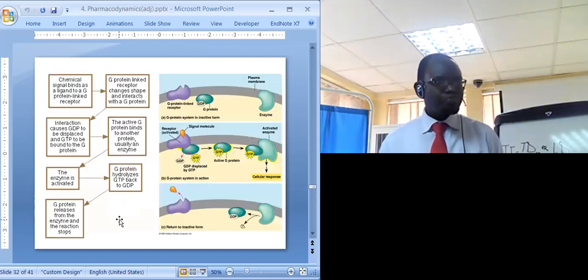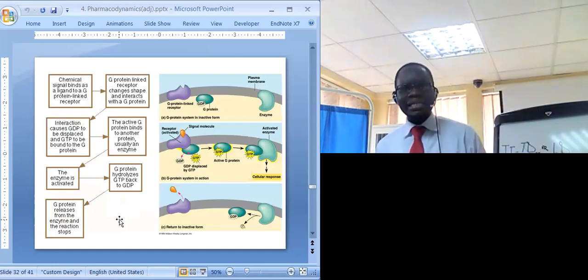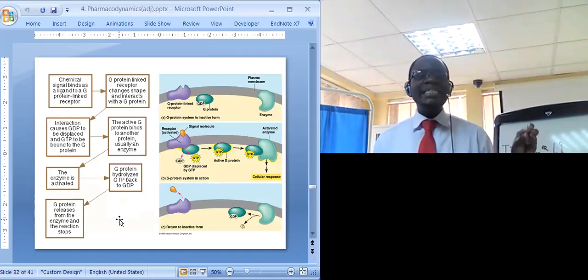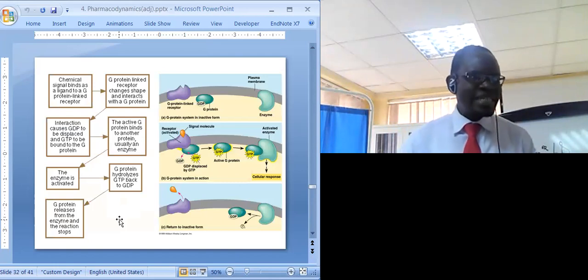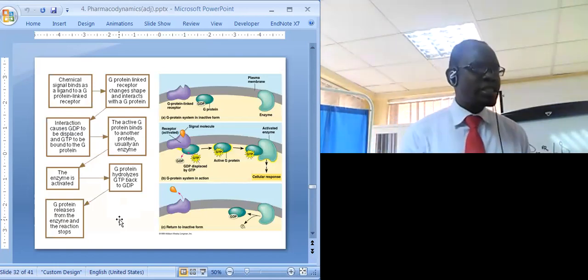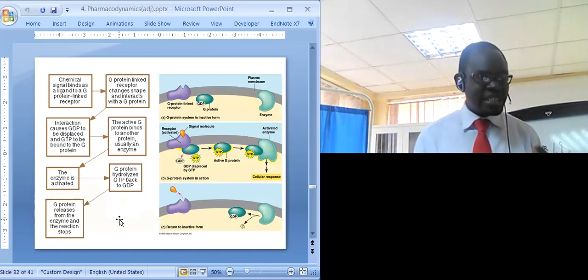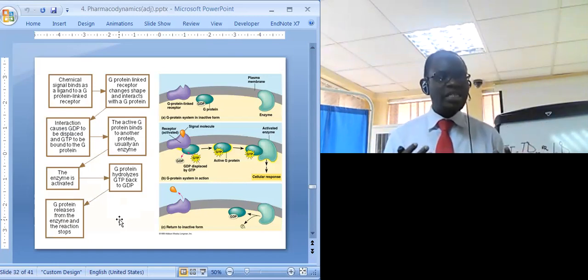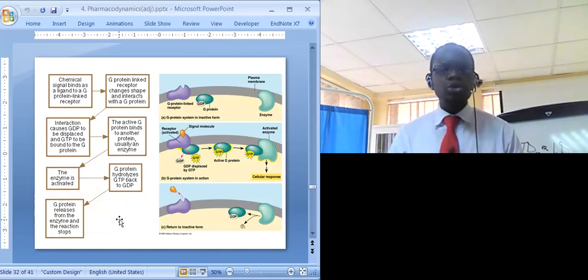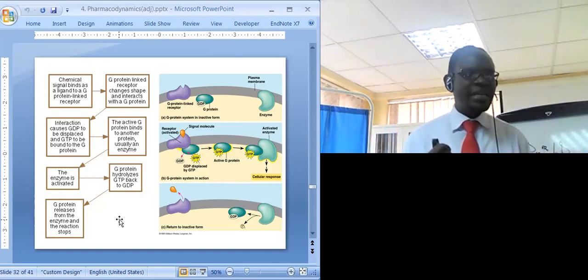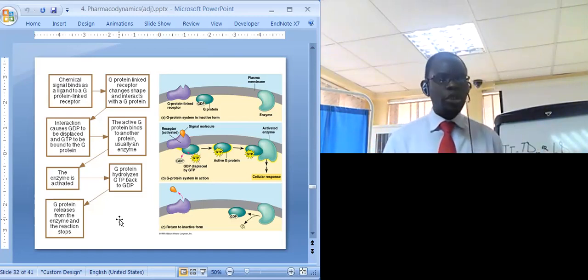Once it binds, it changes the structure of that G protein, bringing about extra energy, which causes transformation of GDP to GTP. In other words, an extra phosphate gets bound to the GDP to bring about GTP.